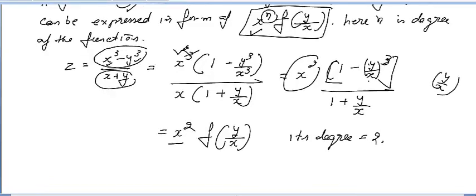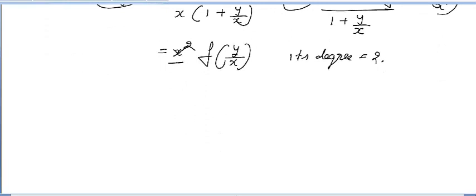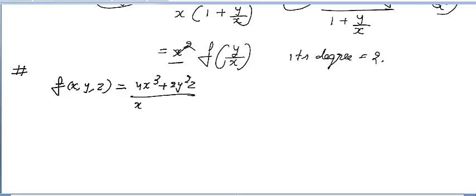Students, sometimes a function depends upon more than 2 variables, maybe 3 variables, and you want to check whether it is homogeneous or not, and then what the degree will be. So I will explain with the help of an example. Like I have a function f, depending upon x, y, z. Let us suppose this is another question: 4x raised to power 3 plus 2y square z upon x plus 2y plus 3z.